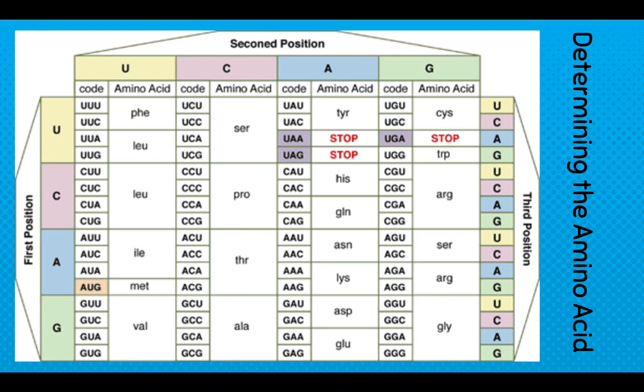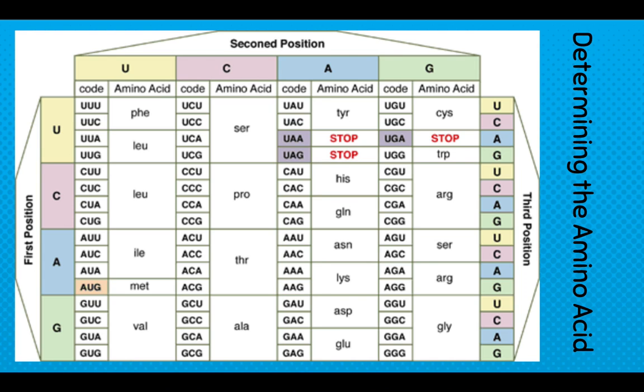Okay, what's the other way that we can determine the amino acid? We have this table. So the first letter of the codon is on the left. So if the first letter is, let's use our start codon, AUG is start.